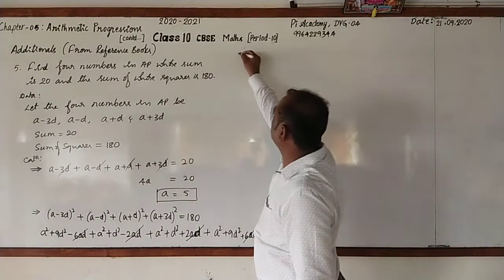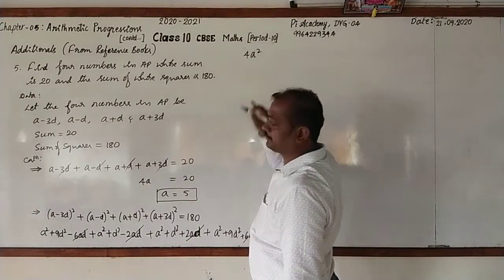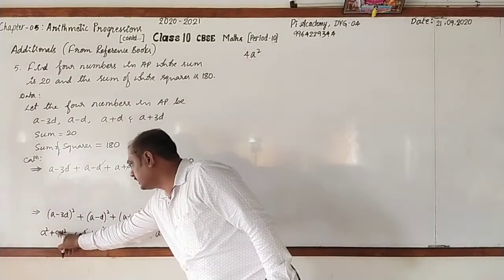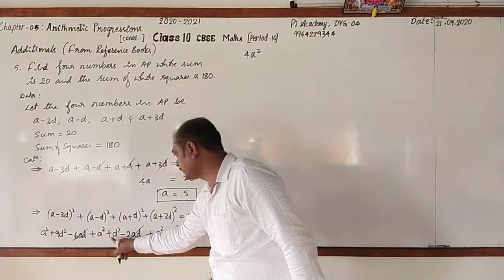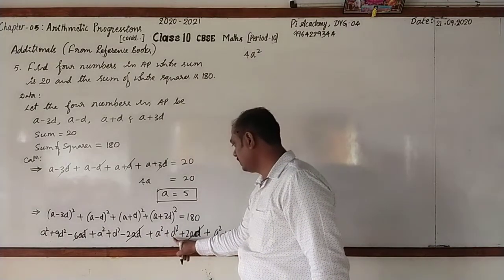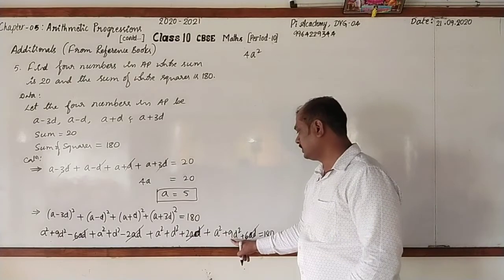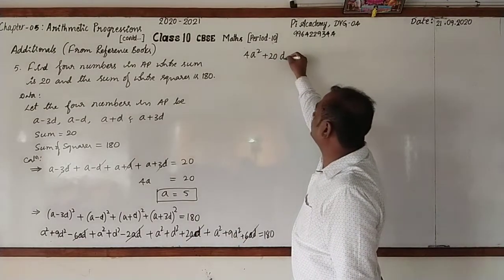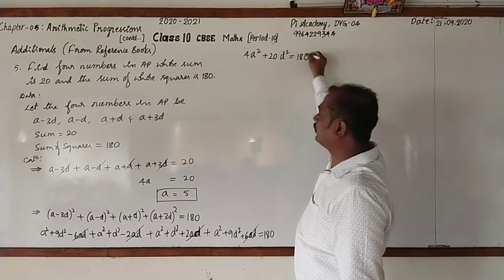It is 4A square. Then the D square terms: here 9D square, 1D square, 10D square, 11D square, then 20D square. Here I will write plus 20D square is equal to 180.